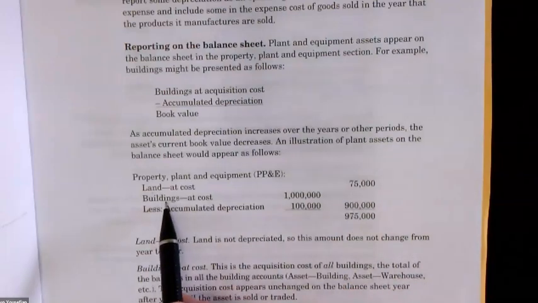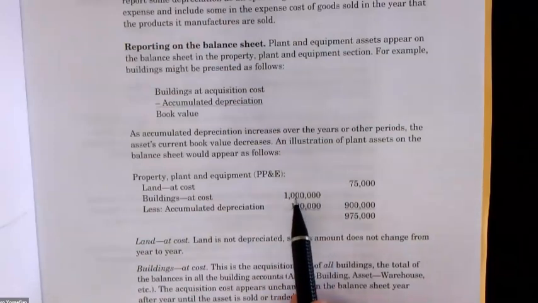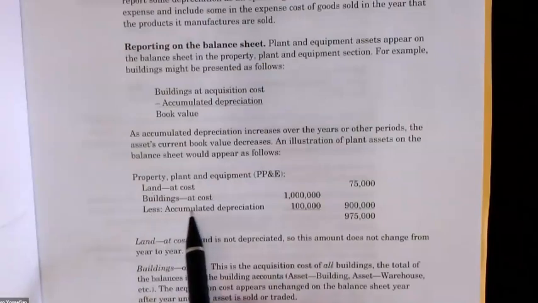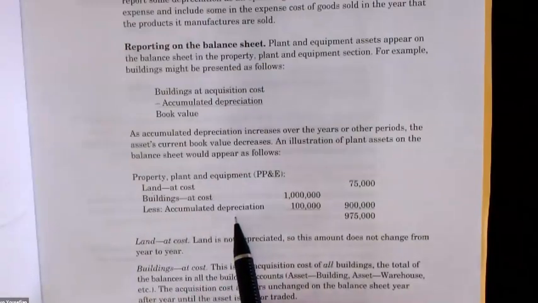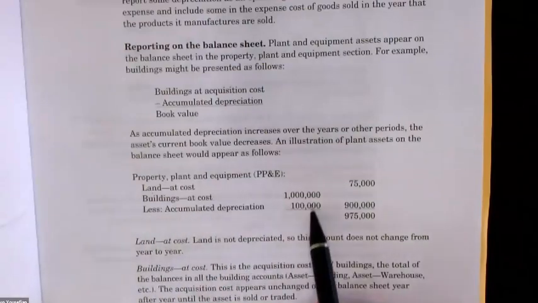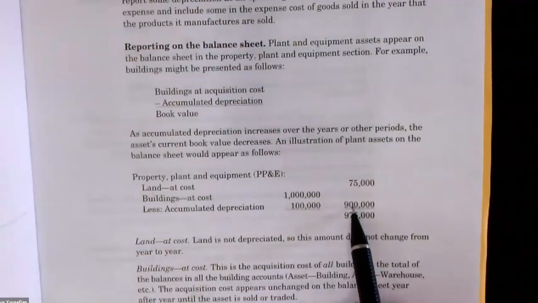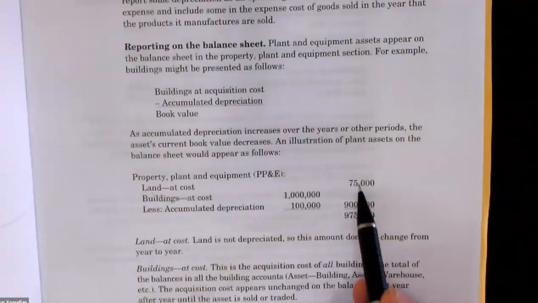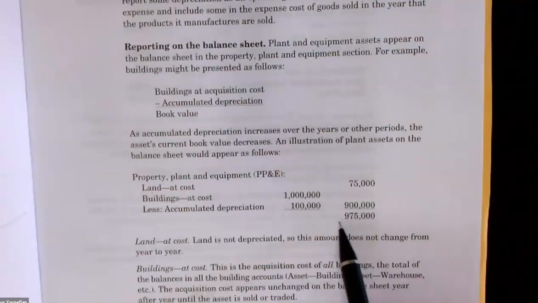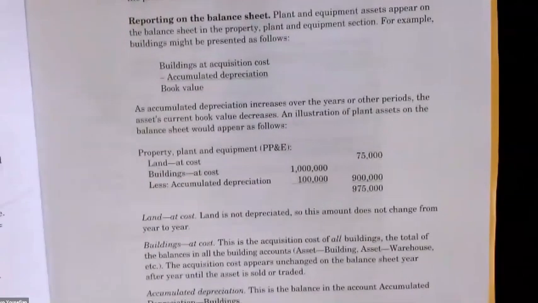But for the building, you need to show the cost in the left column, and then you deduct the accumulated depreciation for the building as of that date, which is, let's say, 100,000. Then you put the net building below the land, add those together, and show the total property, plant, and equipment, 975. Make sense?